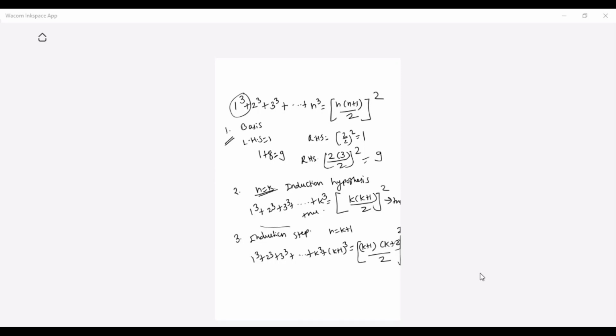That we need to prove, whether you are getting LHS is equal to RHS. Okay, so let us prove. I hope everyone is getting this. So we'll solve it. Let me change the page.